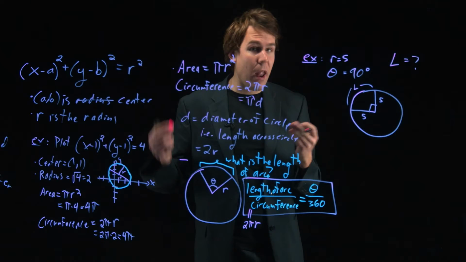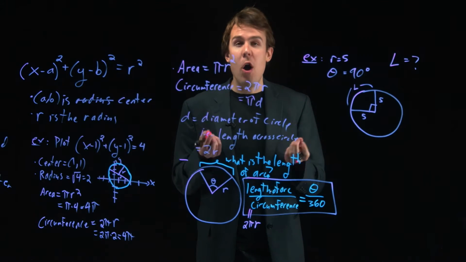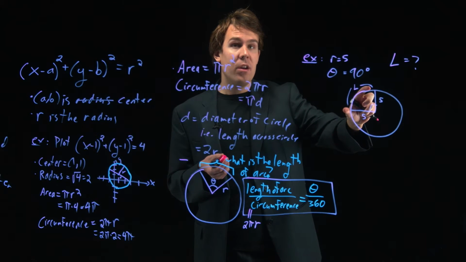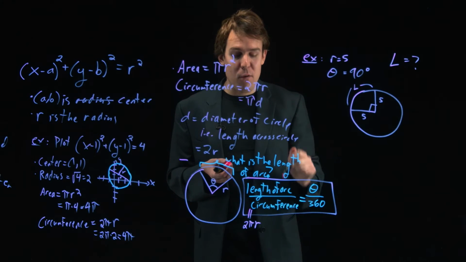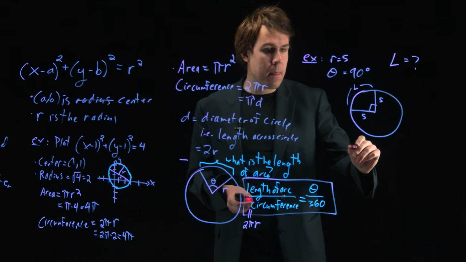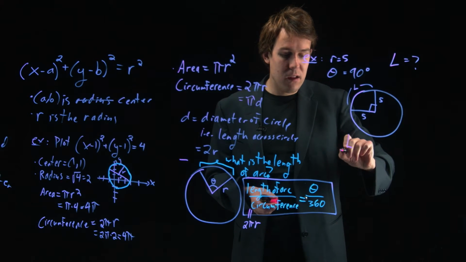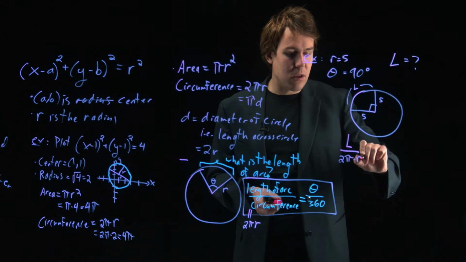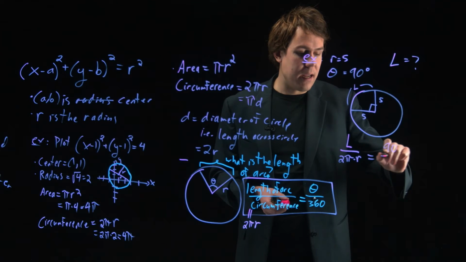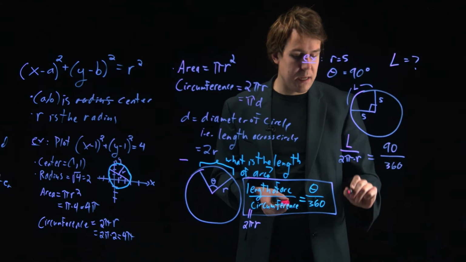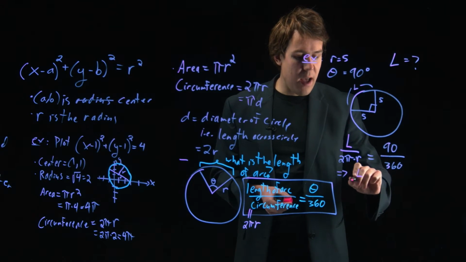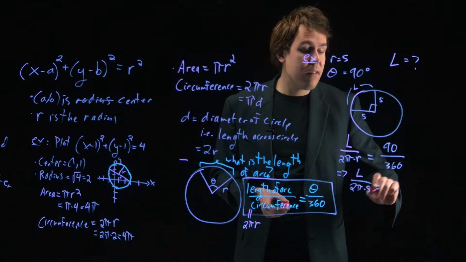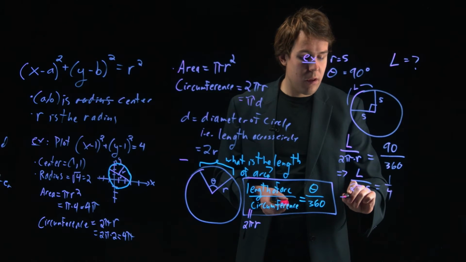Well, I could try a lot of different things, or I could remember that all that matters is the ratio of this angle which cuts out the arc to the total number of degrees, 360. So I can follow this and say that L divided by the circumference, 2 pi times r, is equal to 90 divided by 360. So L divided by 2 pi times 5 equals 1/4.